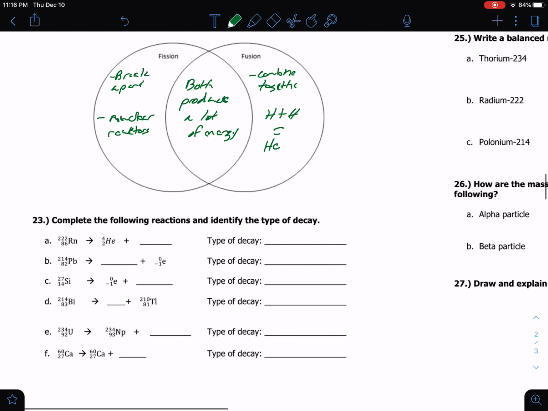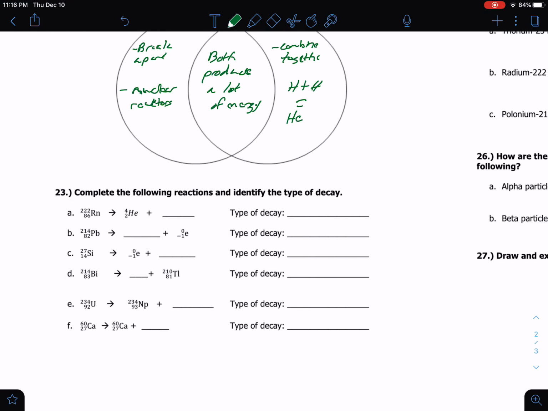Going down to 23, we're going to see what types of decay these would be. We have a 4, 2 helium, so right off the bat we know this is alpha. The big thing is you have to make sure you have the same numbers on the left side of the arrow as you do on the right side. If I have 86 on the bottom left, I need 86 on the bottom right. So what plus 2 gives me 86?